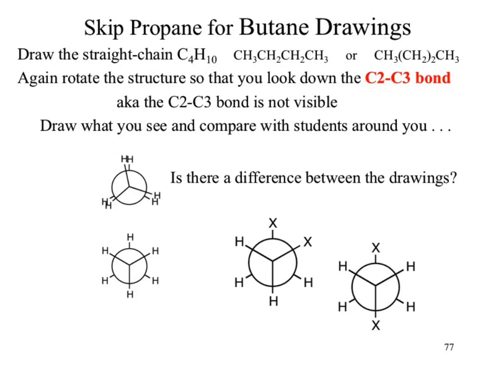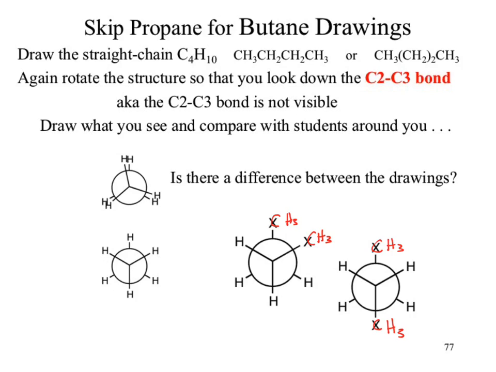When we go through and look at butane, what you'll notice is that you will end up with several structures, where those X's would be CH3s. You should end up with two new staggered positions and two new eclipsed positions.